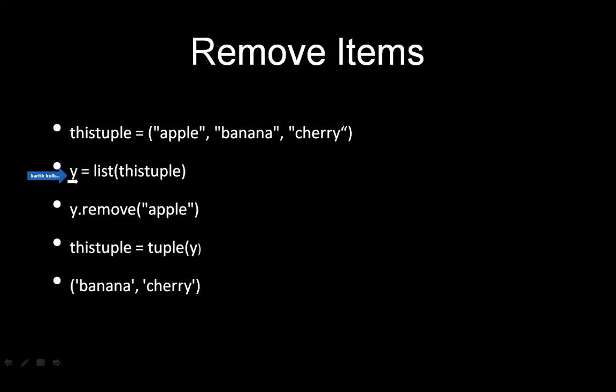Here y is the variable I have taken, and list, with the tuple name in brackets. What I want to remove is apple, so I use y, the list name, dot remove method, and in brackets I specify the value.